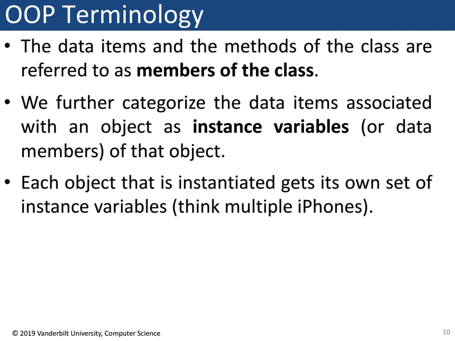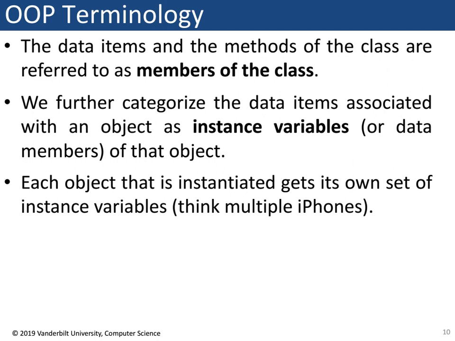All of the methods and data are referred to as members of the class, but the data is referred to as instance variables. So when we have an array object in Java and we make use of the .length field, we are making use of an instance variable.